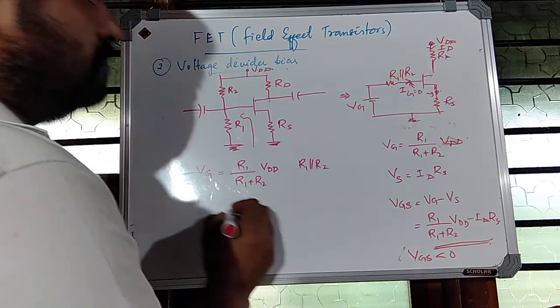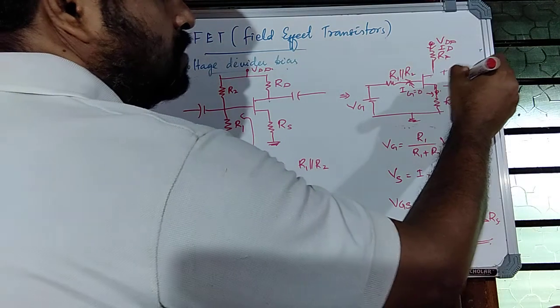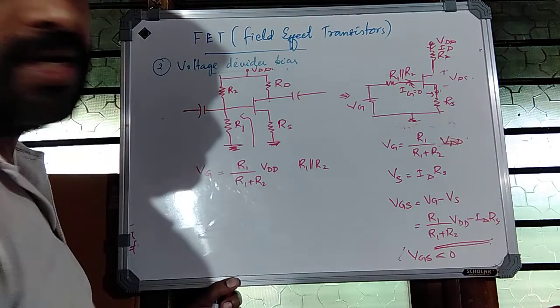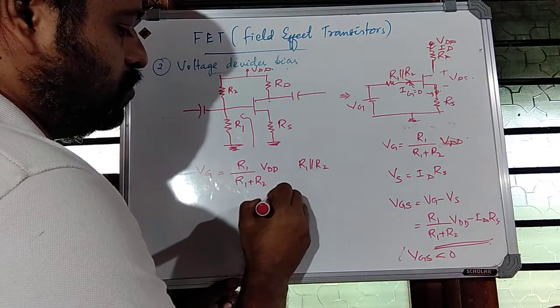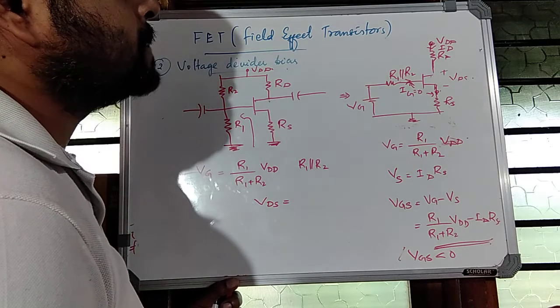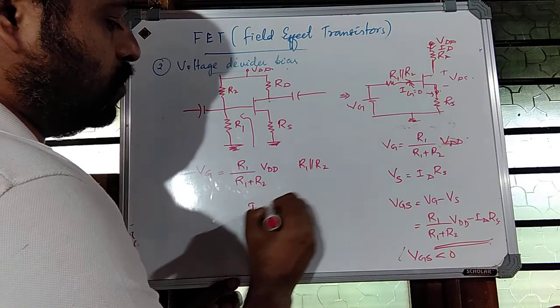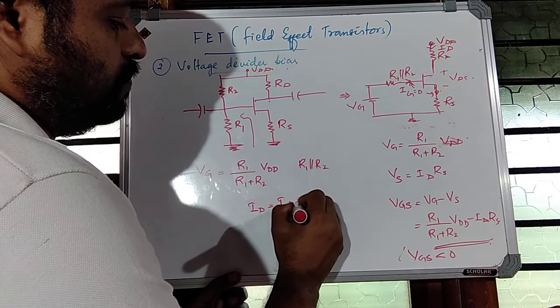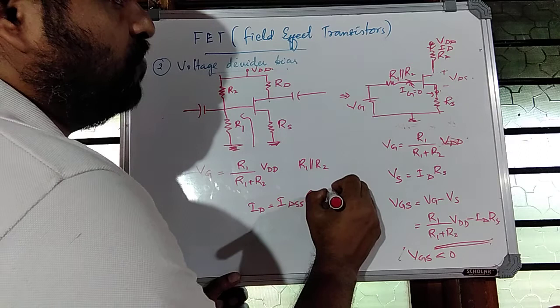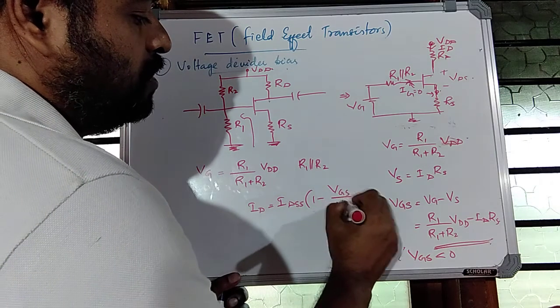So in that condition, you can calculate the VDS value. Again, ID can be calculated. ID is equal to IDSS into 1 minus VGS by VP the whole square, where VGS is this value.